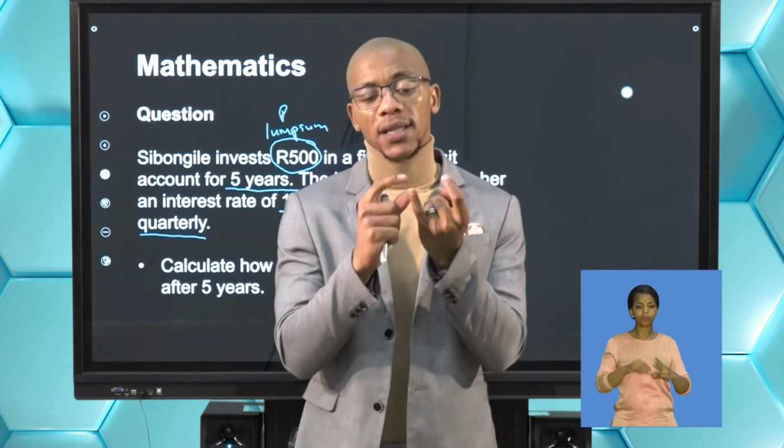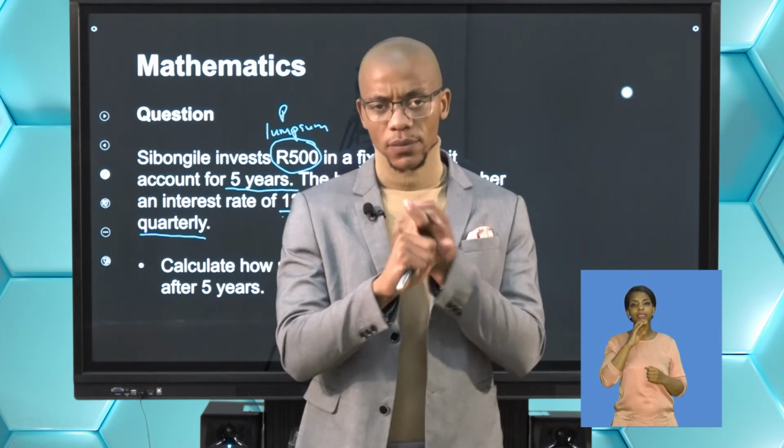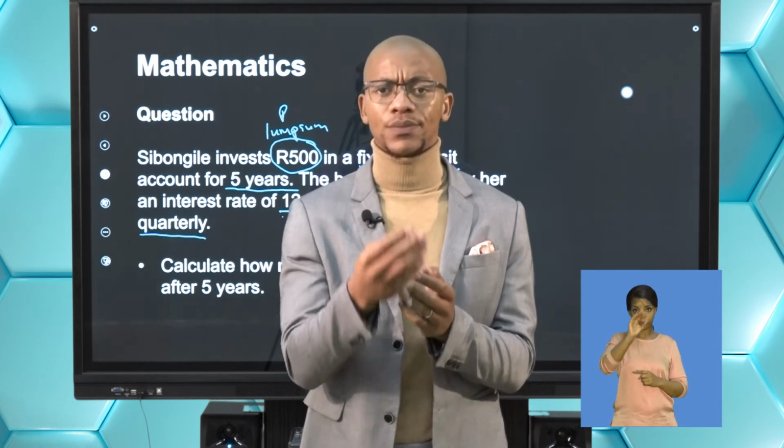So meaning the 12.5% is actually going to be divided by 4, because I have 4 quarters in a year. So they will be getting a quarter of 12.5 at the end of every 3 months for the duration of their investment. But at the end of the year, it must all amount to 12.5.